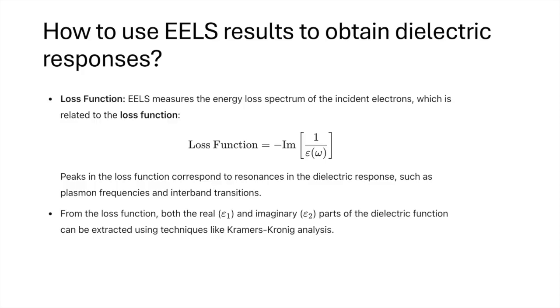This describes how much energy a fast electron loses as it passes through the material, essentially how much the material's electron gas could be excited at a given frequency or energy. The peak in this loss function corresponds to the collective oscillation of the electrons known as the plasmons.